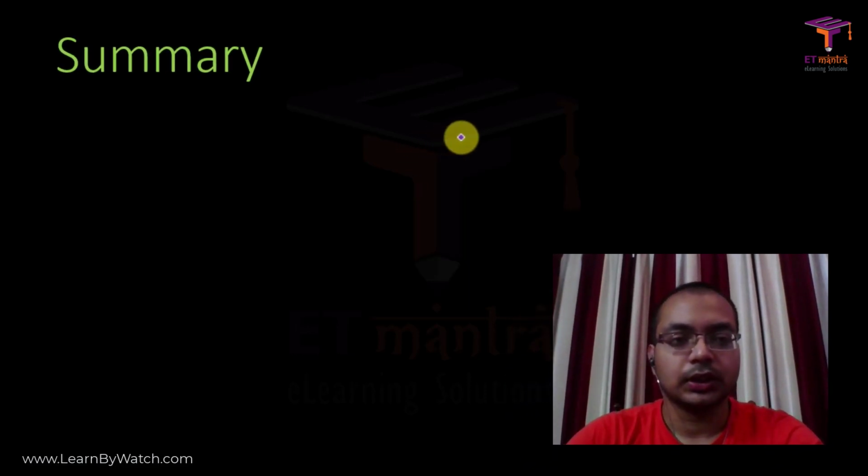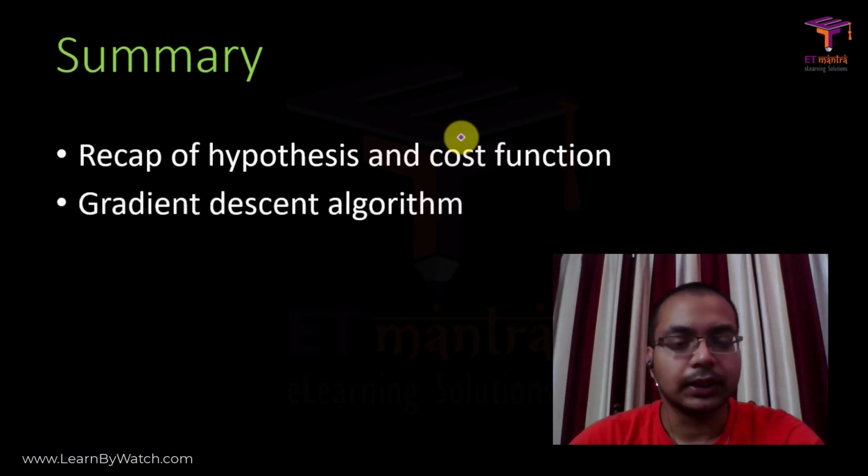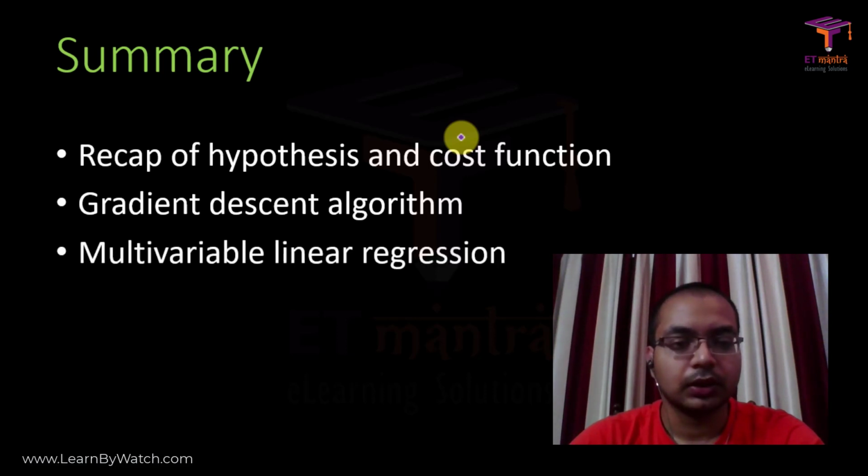So we have come to the end of the presentation. Let us summarize what we have seen today. We started with a quick recap of the hypothesis and cost function. We looked at the gradient descent algorithm. We have also done multivariable linear regression where our number of features is more than one.